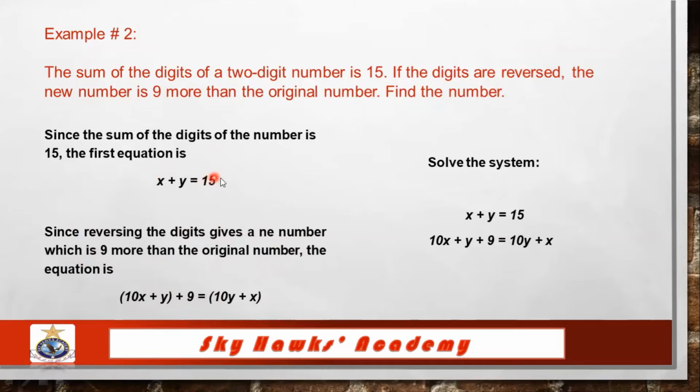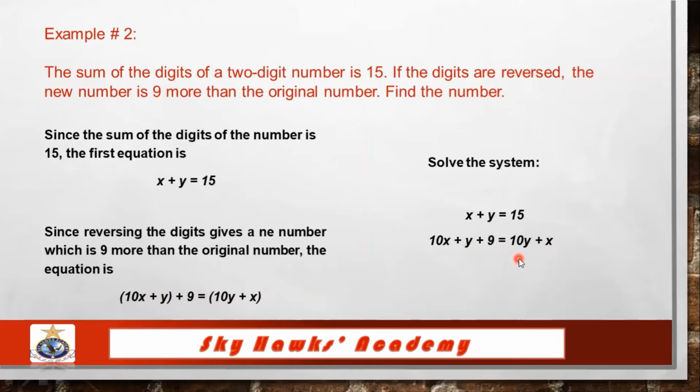Now we have this one, the sum of the two digits is 15. So solve the system of equations. Now we have two equations. Can you see this? The first equation is the simplest, and here we will have to make some arrangements. This 10x plus y as it is, 9 as it is, 10y plus x, we will have to bring the things together.